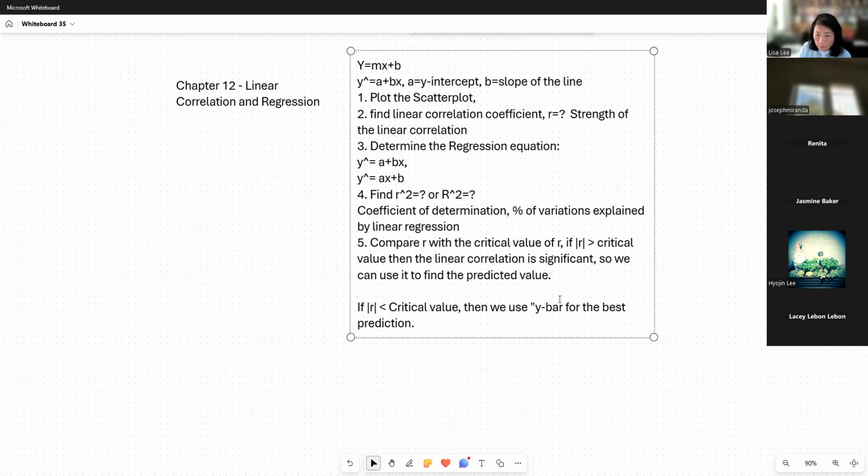You need to use the average of all the Y, and usually the problem will give it to you. If the problem did not provide the Y bar information, we need to add up all the Y values and find the average. Just add up, divide, right? If they give 7 data, just add up the 7 data, divide by 7. That's the mean Y bar. So this is very important for your chapter 12.